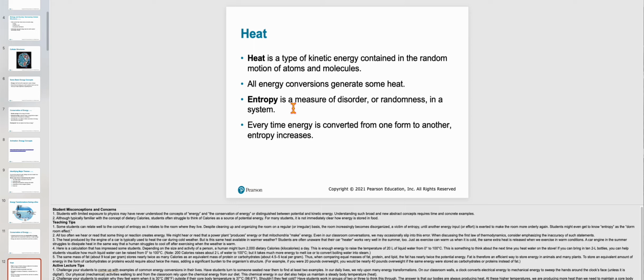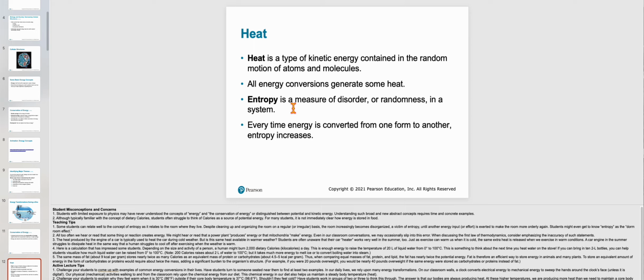It is much easier for your room to get messier over time than it is for it to stay neat. Because as you do something, the act of doing something is going to create some randomness, some disorder. If you did absolutely nothing, so if you never participated at all on Eagle Online, and I see the activity counter not moving at all because you didn't visit it, then of course the entropy would be low because you didn't do anything.